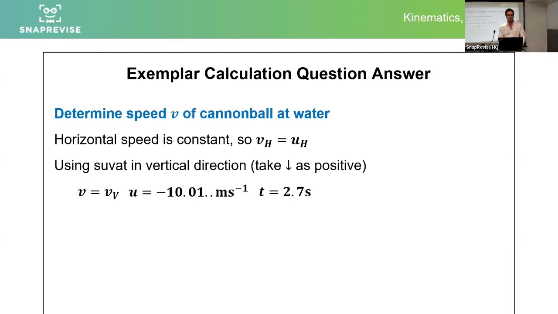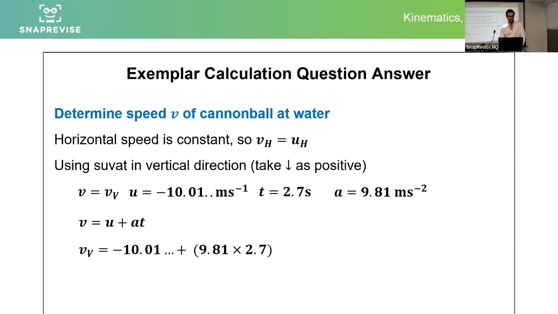We just need to work it out with V equals U plus AT. We're still using our initial vertical velocity, which we worked out earlier. Plug those in, and you end up with 16.47 meters per second.